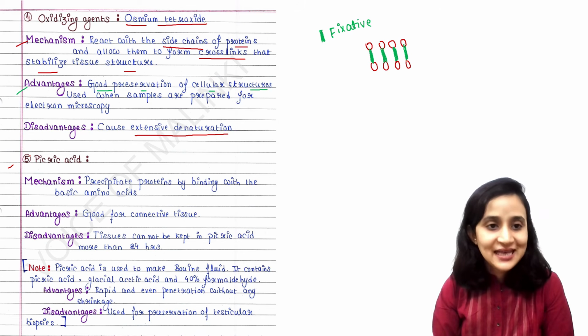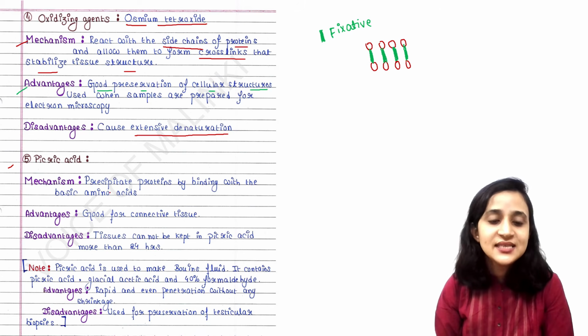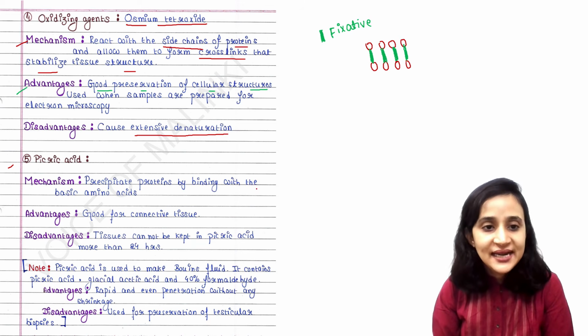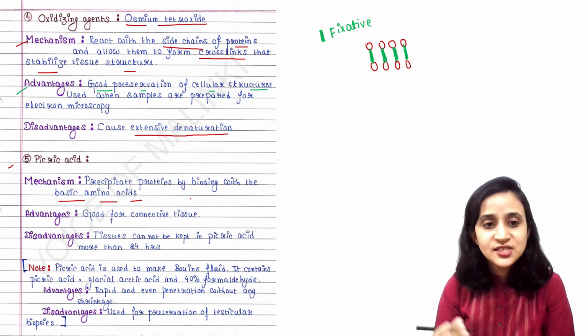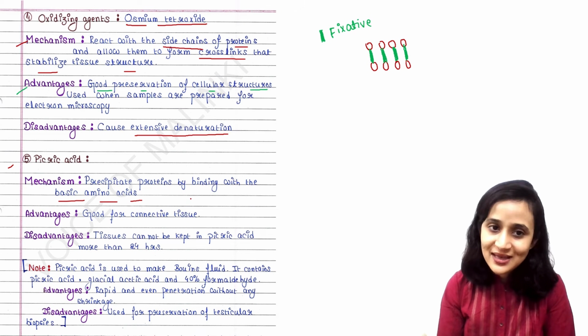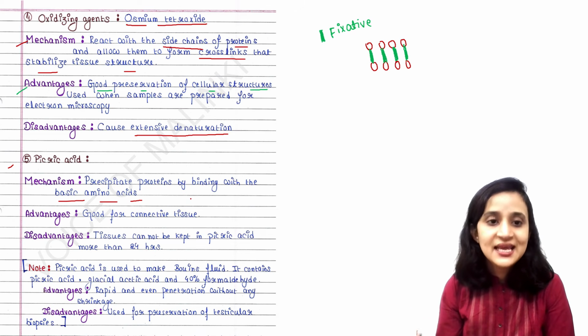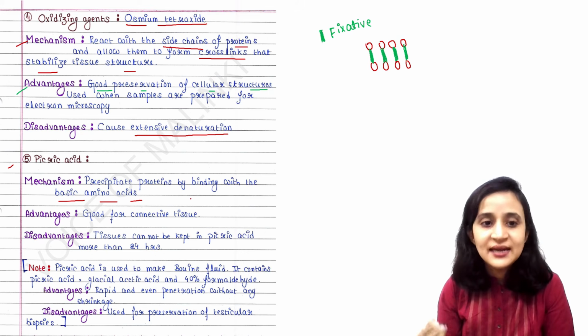Next is picric acid. The mechanism we will see here: they precipitate proteins by binding with the basic amino acids. So picric acid specifically binds to the basic amino acids of proteins, and then it can precipitate them.